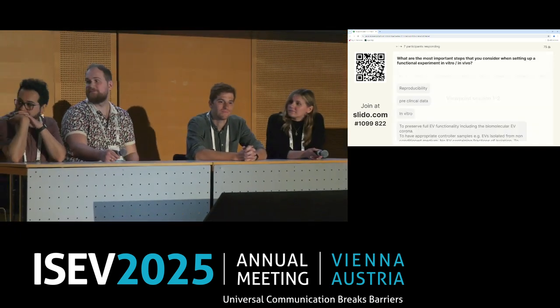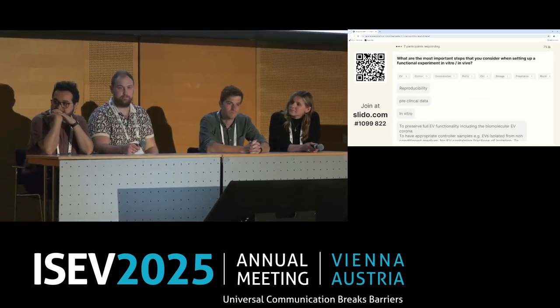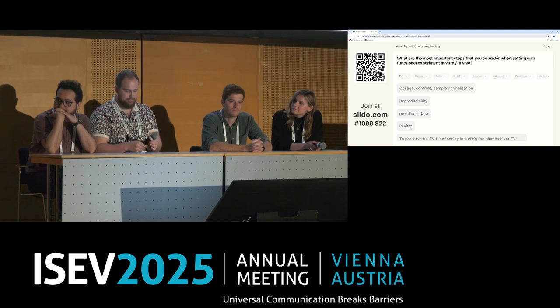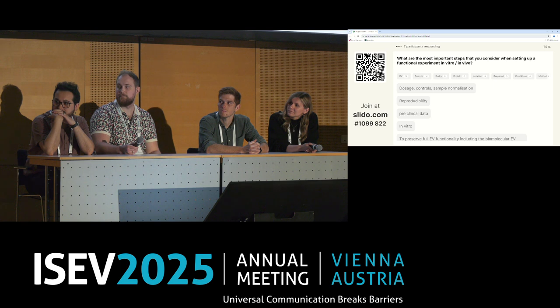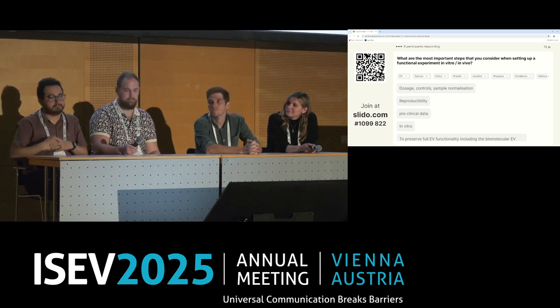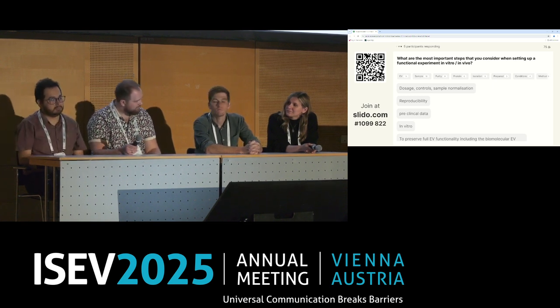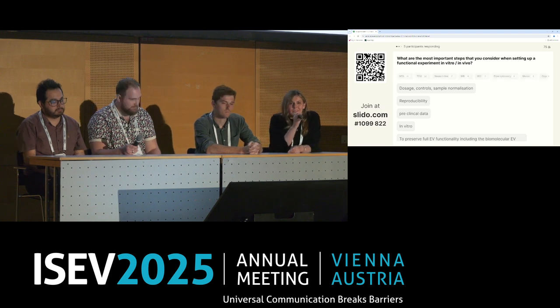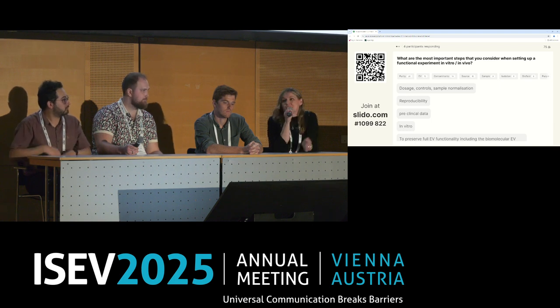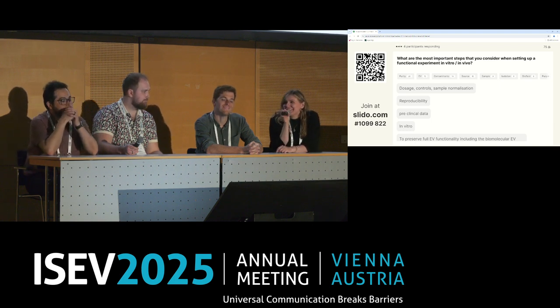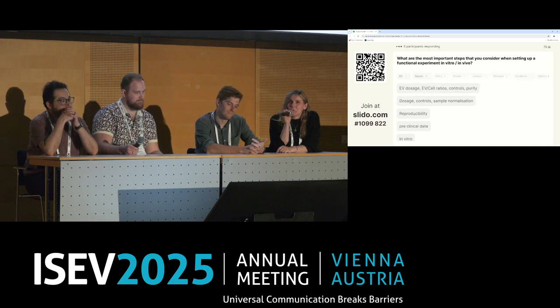For example, if you're designing an omics experiment to analyze your EV cargo, what would you recommend for the newcomers? What kind of considerations would you recommend? I can start with: I had a lot of bad experience with transcriptomics, so I can tell you what not to do when you design the experiment.